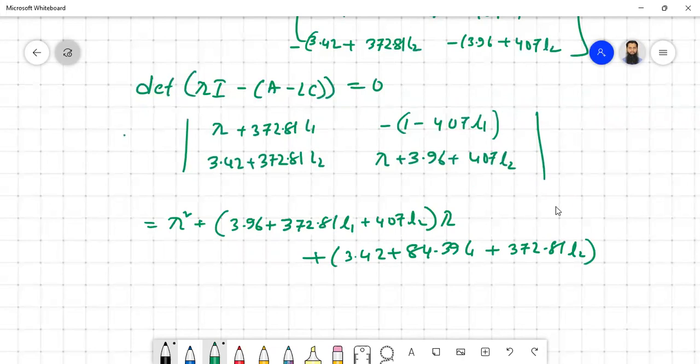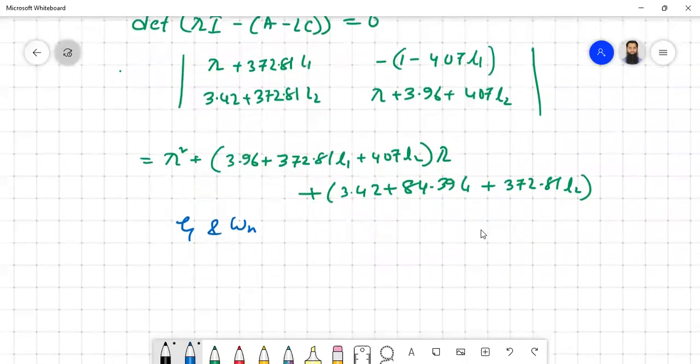And also we have been provided with zeta and omega n. So zeta is 0.7 and omega n is basically 100. So based on these values, we can also find out our characteristic equation: lambda square plus twice zeta omega n lambda plus omega n square.